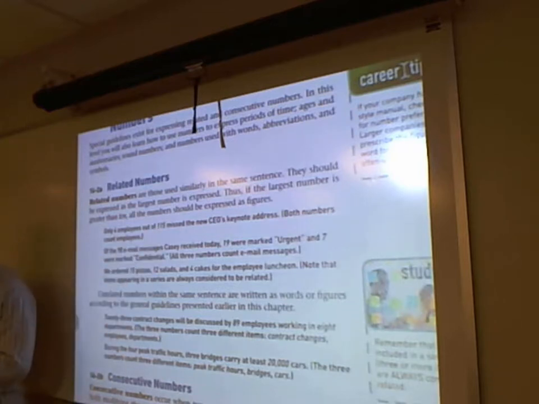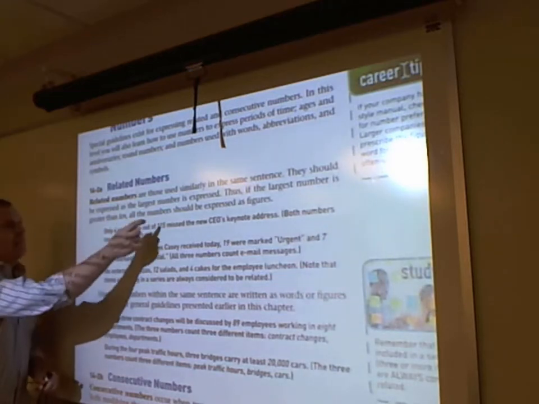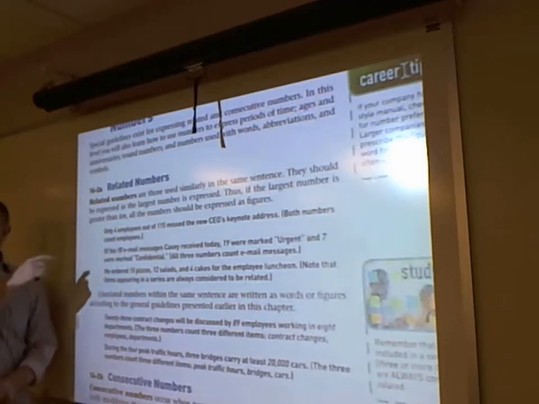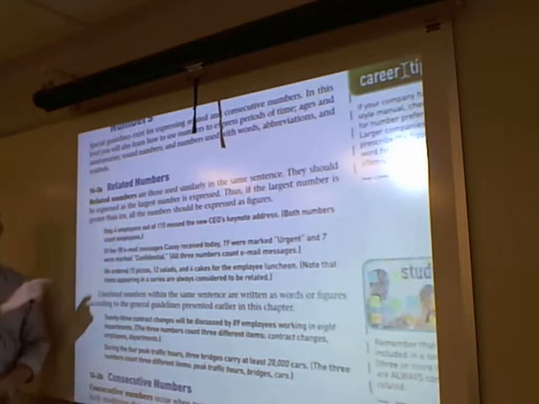But only 4 of that 115, which would typically be a word, since that number is related to that 115, keep them consistent and change that to a figure. So only 4 as a figure out of the 115, which should automatically be a figure, missed the new CEO's keynote address.